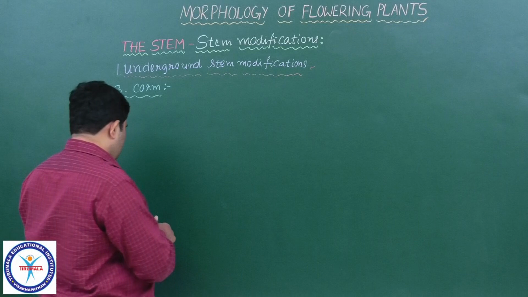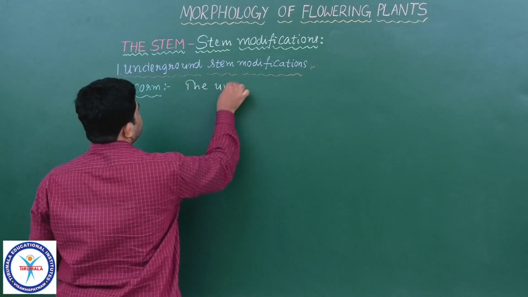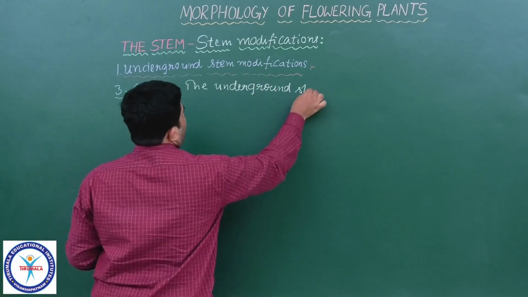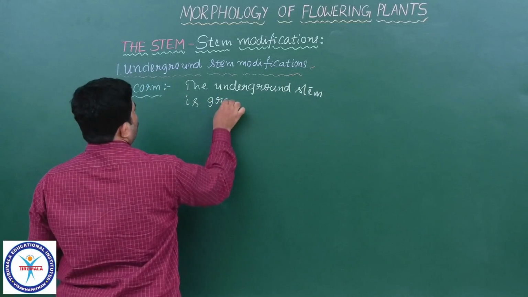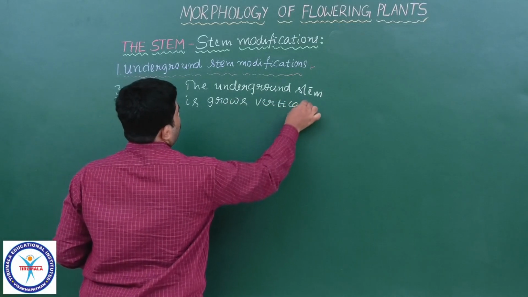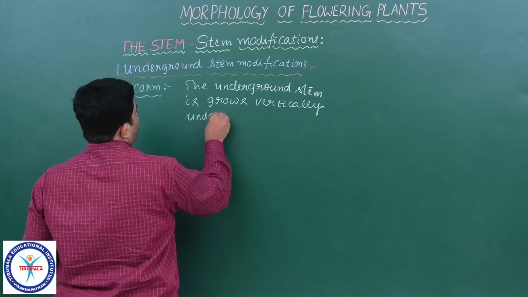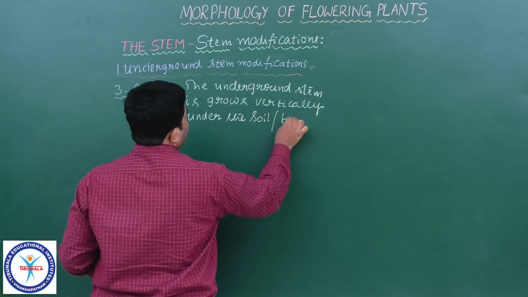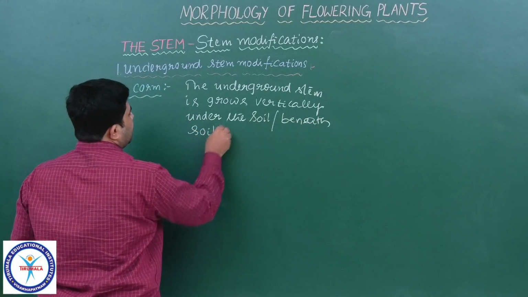But in the corm, the main underground stem grows vertically under the soil, or beneath the soil. Now you got the point, students?